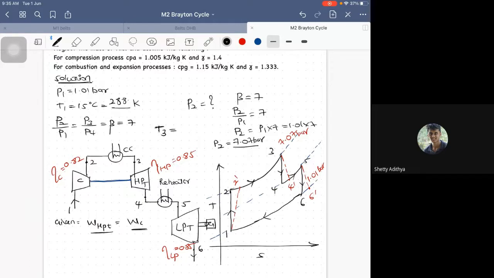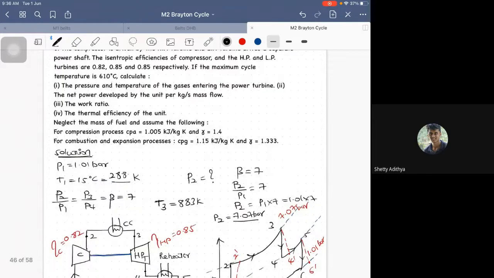How much is the value? 883 Kelvin. So T3 value is given, that we have noted down.